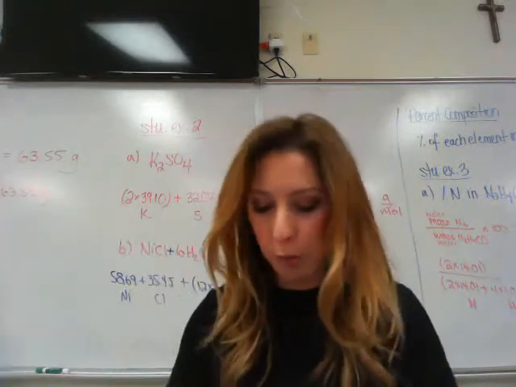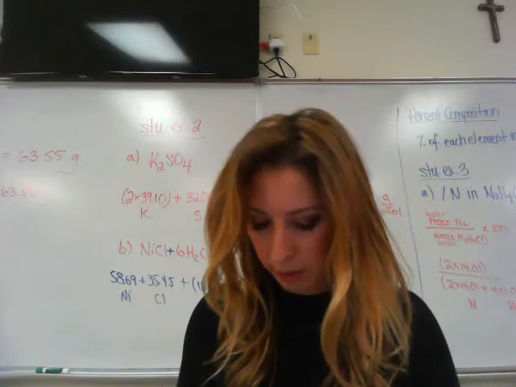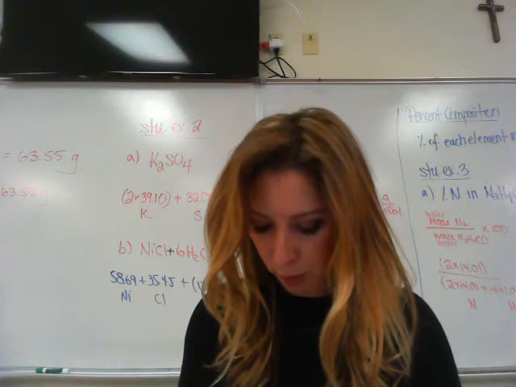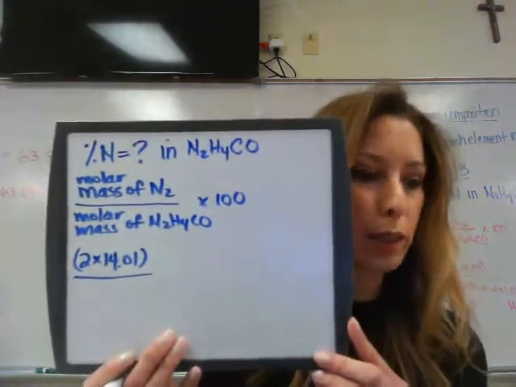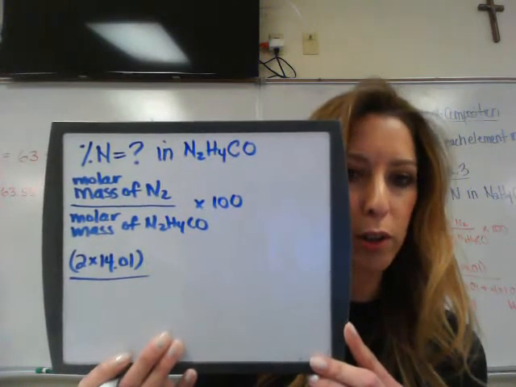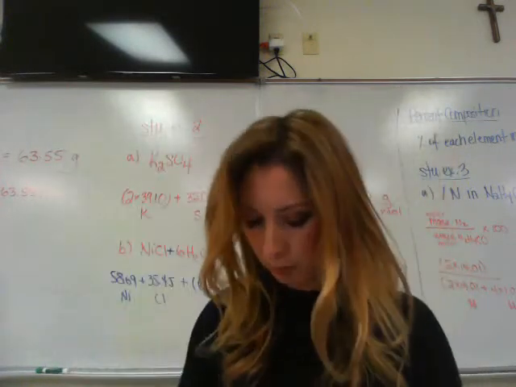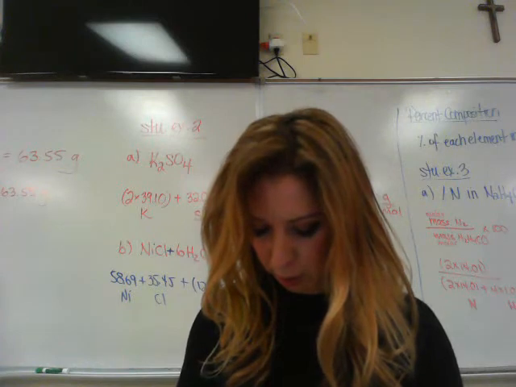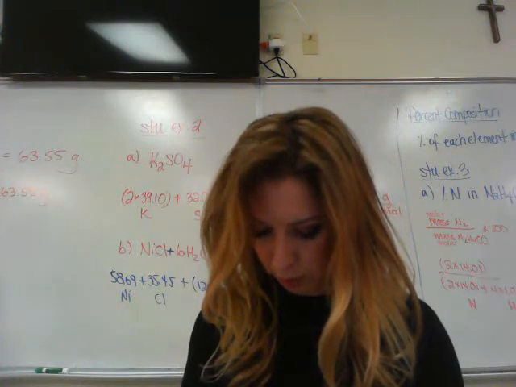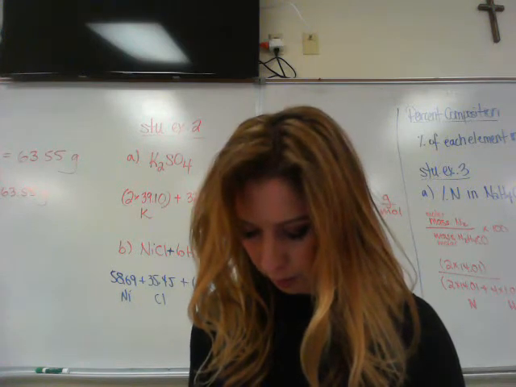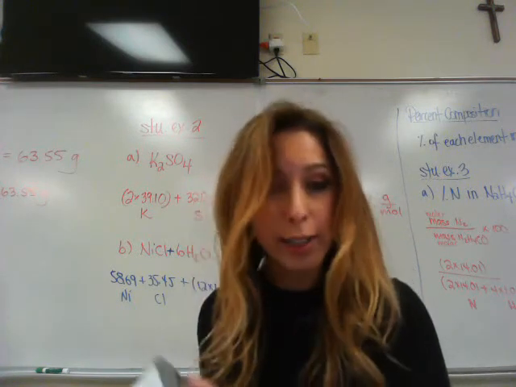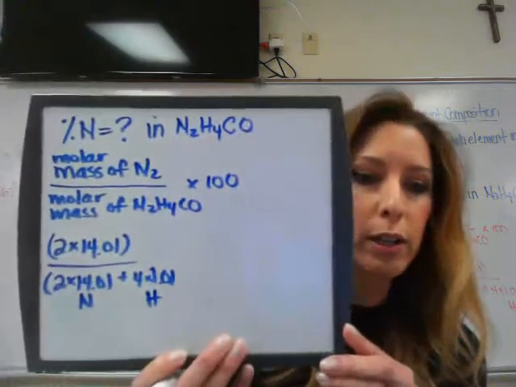Okay? So if I look at the periodic table at nitrogen, nitrogen has a molar mass of 14.01. So I'm going to put that up on the top, and since there are 2 of them in the formula, it's 2 times 14.01. On the bottom, we're going to put the mass of the entire compound. So 2 times 14.01 for nitrogen plus 4 hydrogen at 1.01.